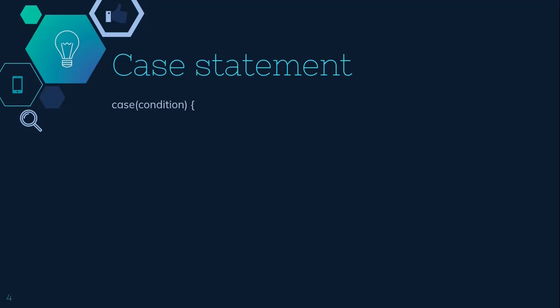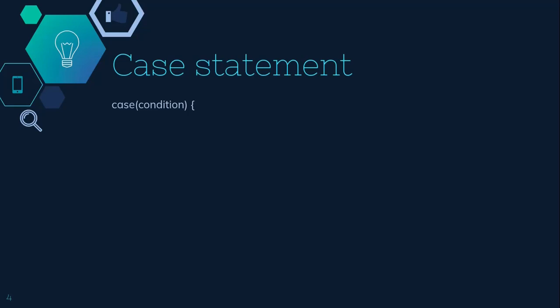Now that condition can be of any data type, but if you have a condition for true or false, you only have two values, so you might not want to use a switch for that, because you only have two conditions: if either this is this, then it's this. Use it if it's appropriate for the situation.